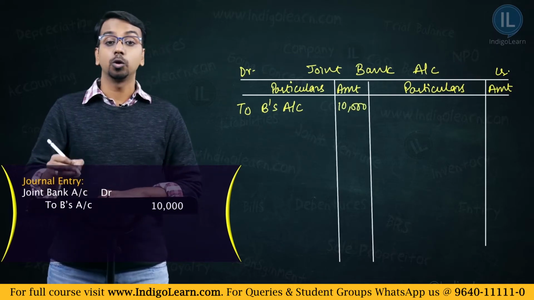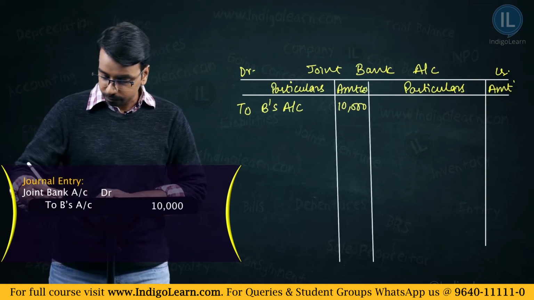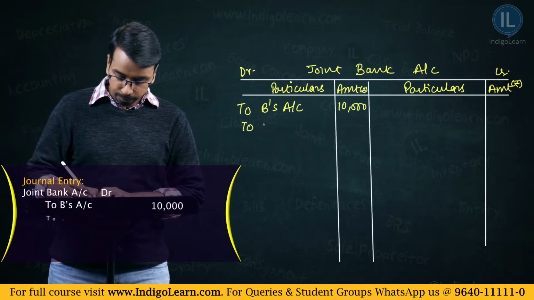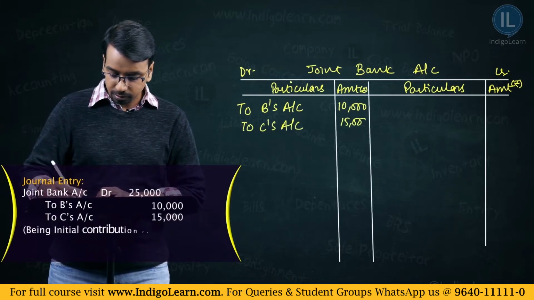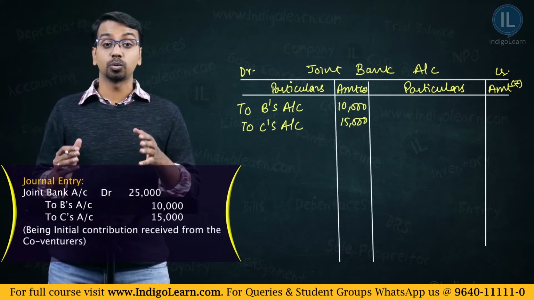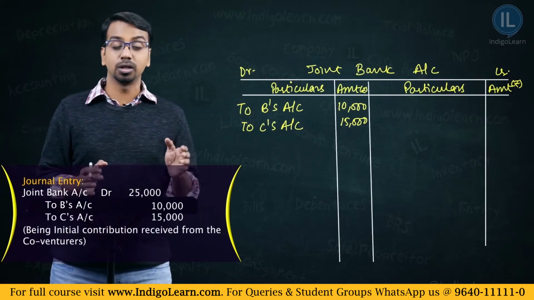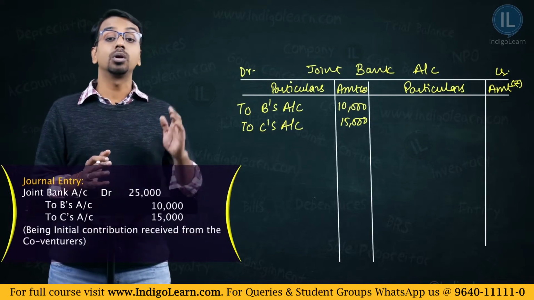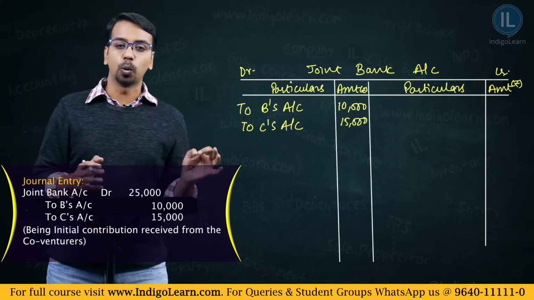All the amounts are in rupees. And to C's account 15,000. So B's account 10,000 to C's account 15,000. What is the journal entry? Joint bank account debit 25,000 to B's account 10,000 to C's account 15,000, being initial contribution received from the co-venturers.